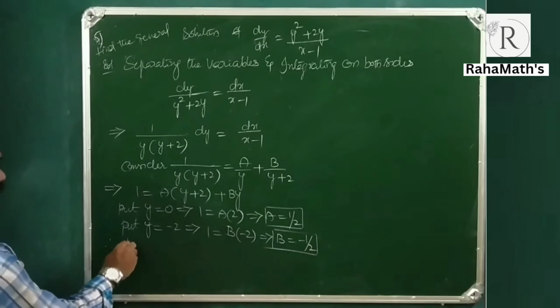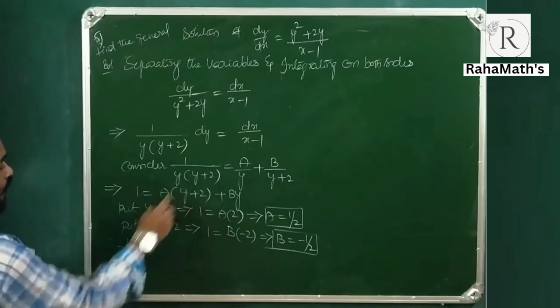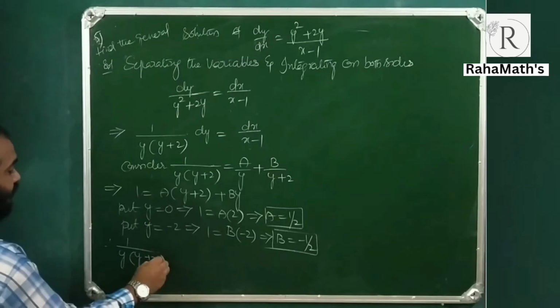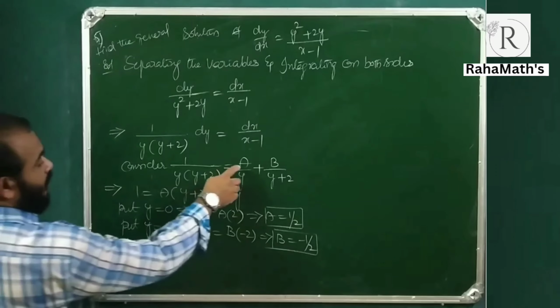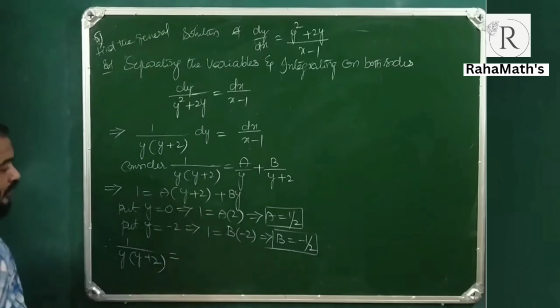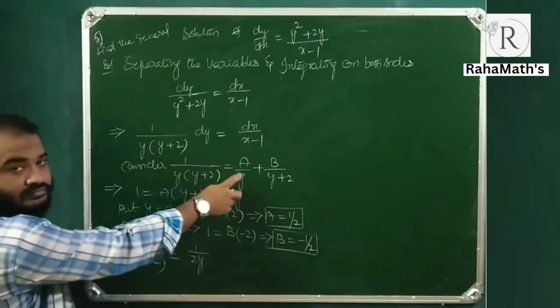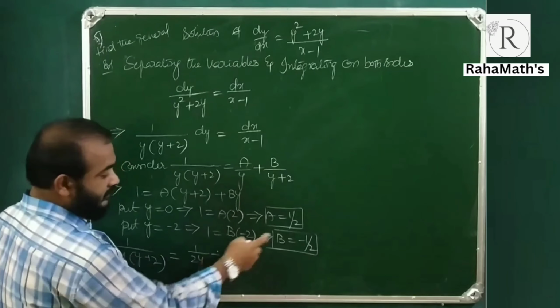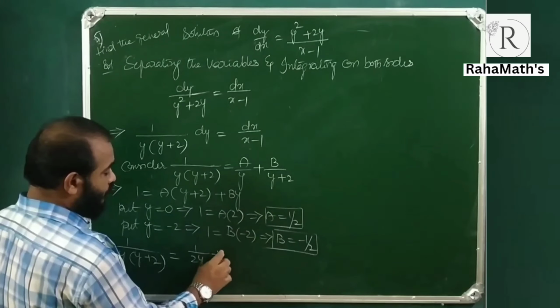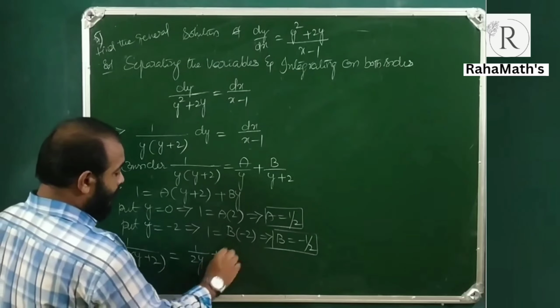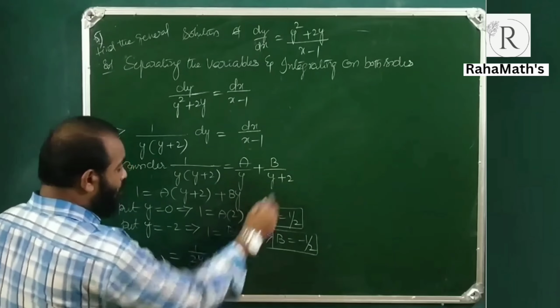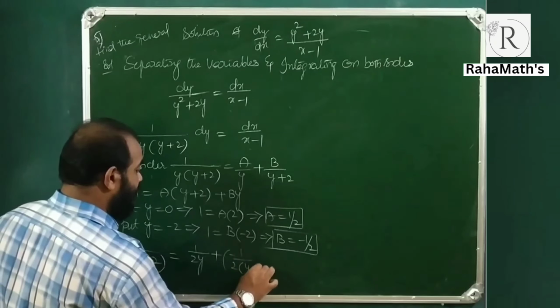Therefore, 1 by y(y + 2) is equal to the a value, 1 by 2y, plus the b value, minus 1 by 2(y + 2).